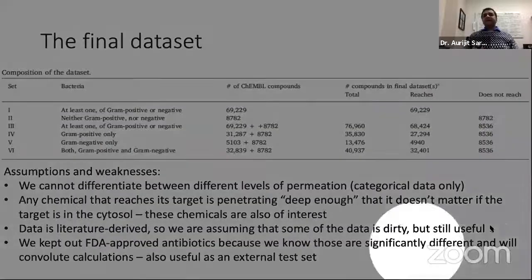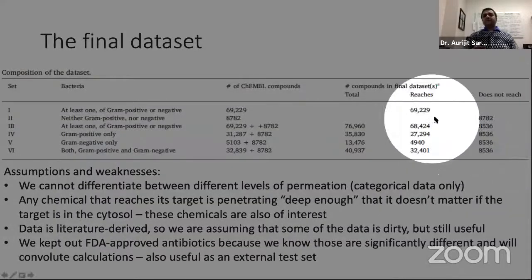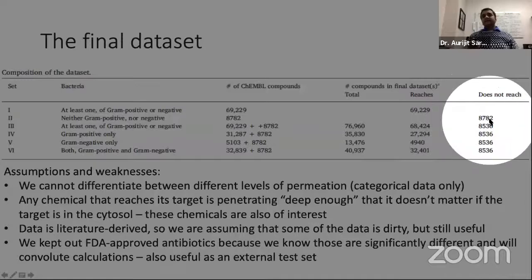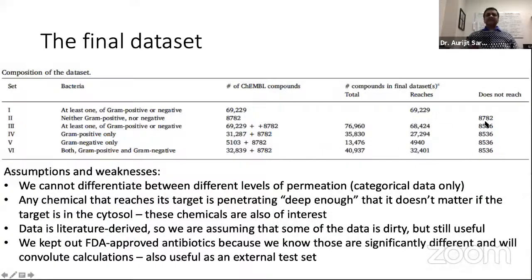In essence, we had a total of roughly about 70,000 chemicals that we know get inside the bacterial cell, and about 9,000 chemicals that fail to get inside the bacterial cell. And I did some detailed analysis of this data set as well.